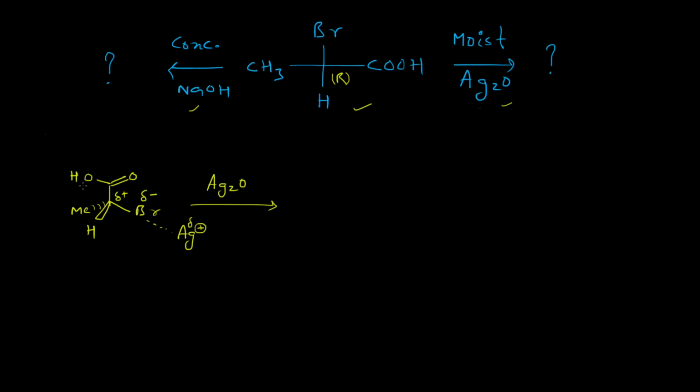After that, this OH group will essentially help this bromine to leave from the system via neighboring group participation. So in this process, an alpha lactone will form.